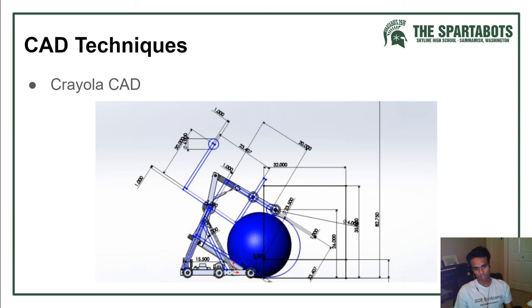And once you have figured all those things out, you can create your final design, but make sure your final design is malleable based off of that Crayola CAD sketch, so that when you change one value in the sketch, you can fix your entire design.